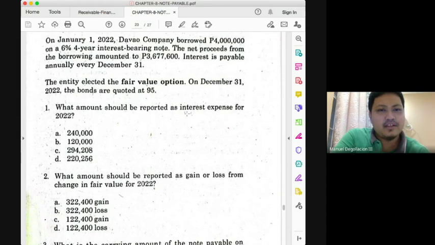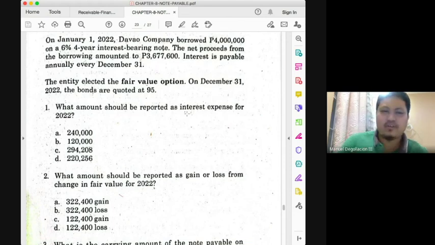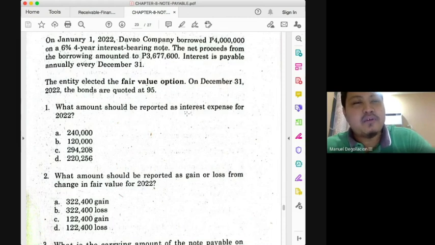And then what amount should be reported as a gain or loss? You simply compare the previous carrying amount of the note with its would-be carrying amount, and its would-be carrying amount will be based on the fair value. And the problem tells us that it is quoted at 95. What that means is that the fair value is 95% of its face value. Since its face value is 4 million, and it is quoted at 95, that means 95%, multiply 4 million by 95%, and you would get 3,800,000.